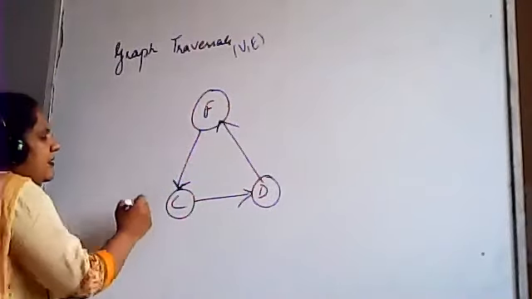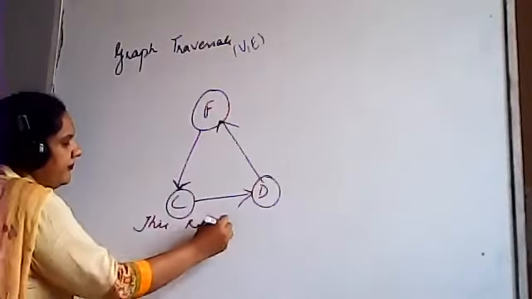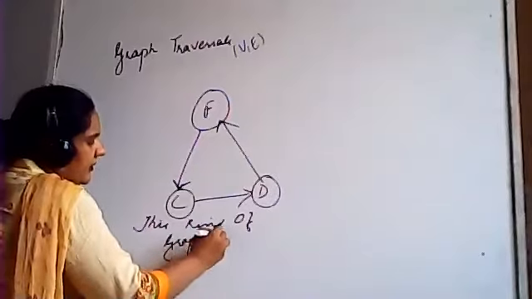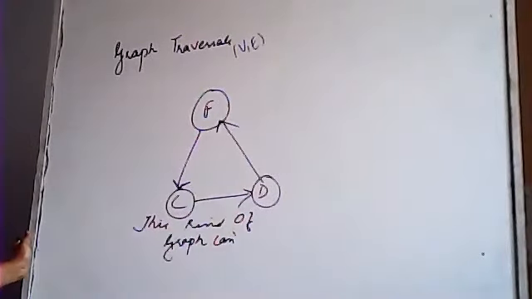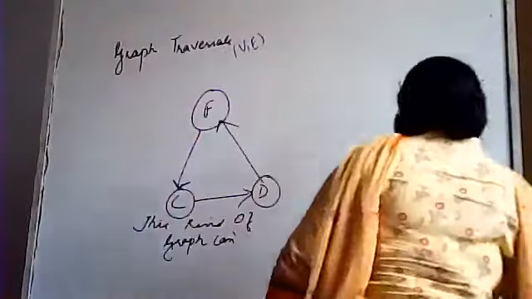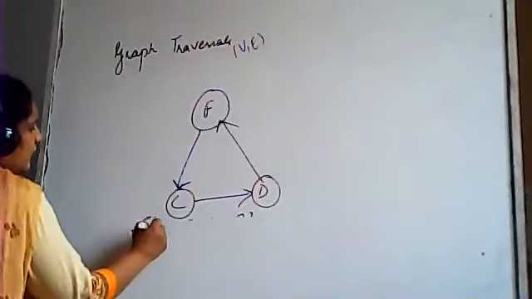That means we cannot sort this kind of graph with the help of topological sorting. Sorting is not possible.